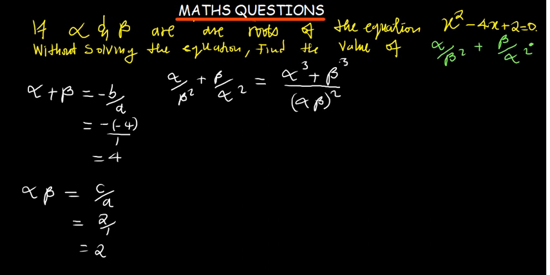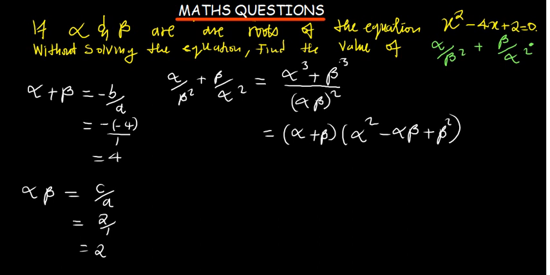Now, you need to know that alpha cubed plus beta cubed, when factorizing, is the same as alpha plus beta, and then alpha squared minus alpha beta plus beta squared.